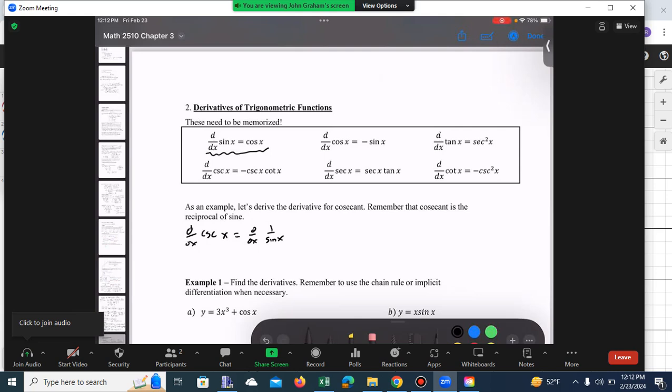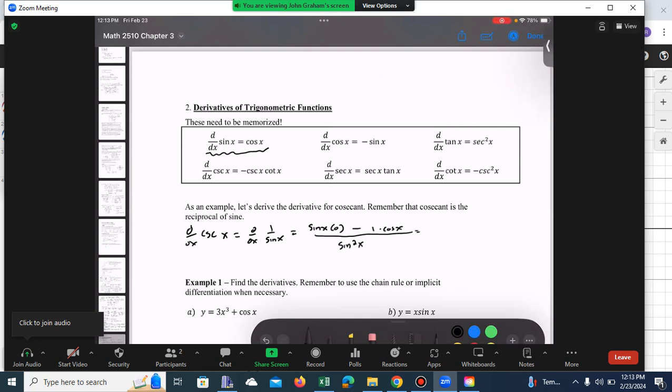So the denominator times the derivative of the numerator minus the numerator times the derivative of the denominator, all divided by the denominator squared. So the denominator, sine x, times the derivative of the numerator, which is 0, minus the numerator, 1, times the derivative of sine x, which is now cosine x, all over sine squared x.